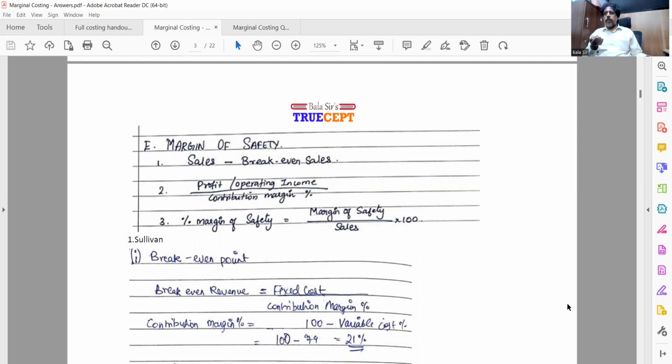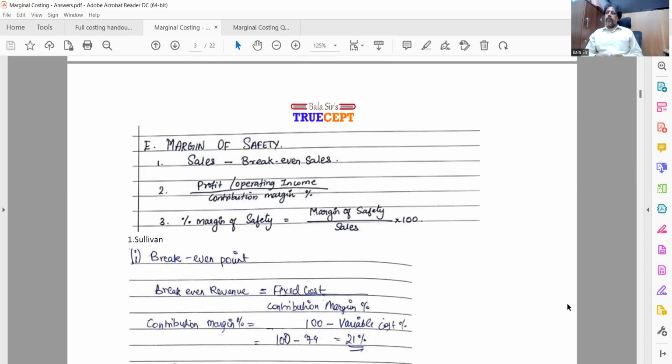It doesn't matter whether it is year 1 or year 2, the company's break-even point is 50,000 rupees. What is 3,20,000 minus 50,000? 2,70,000. For year 1, the margin of safety is 2 lakh rupees sales minus 50,000 break-even sales, which is 1,50,000. So that is one formula for margin of safety.